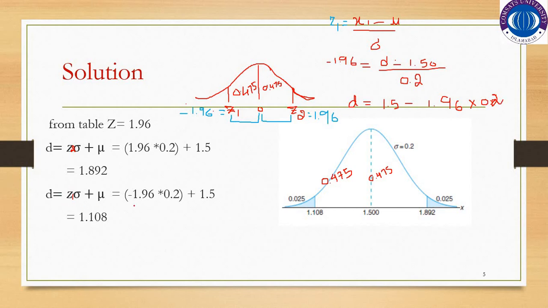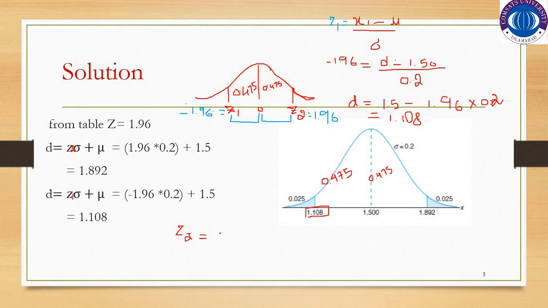So this is the situation, minus 1.96 into 0.2 plus 1.5, which will be equal to 1.108. So at this point, when we subtract the value D from the mean, we will get 1.108. So this is the value, this is the first point.